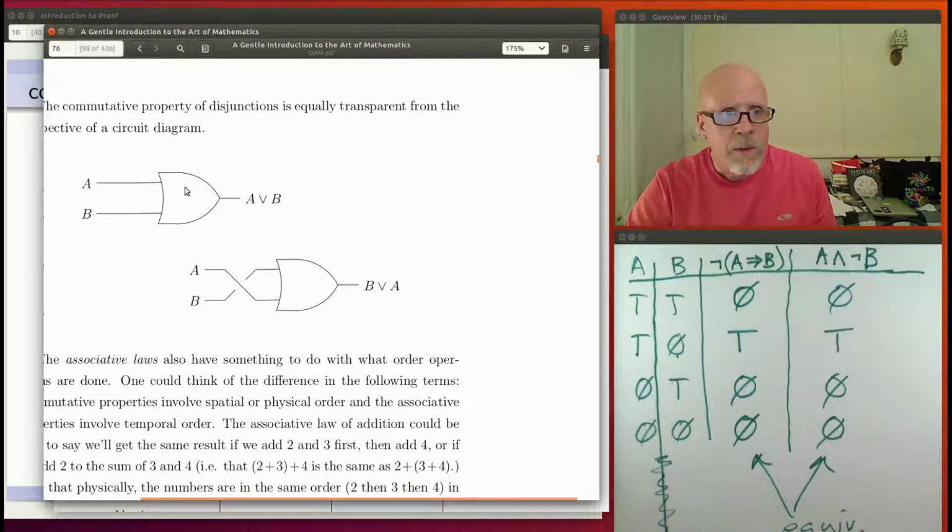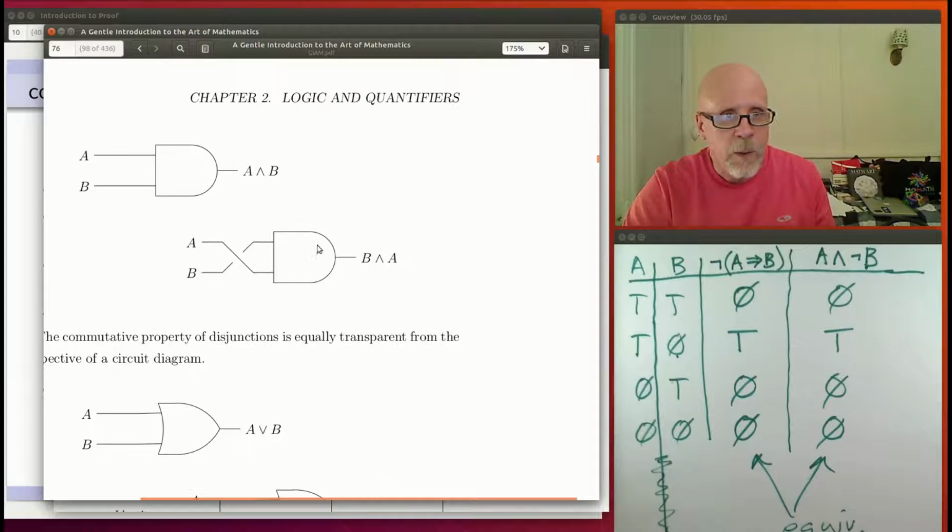So what difference does it make whether it's the top one that's energized when we do A or B, or I guess it would be the bottom one that's energized if we do B or A? None. The fact that those transistors are wired in parallel makes it quite immaterial which one is the one that's carrying the current. So the commutative law is there for that.